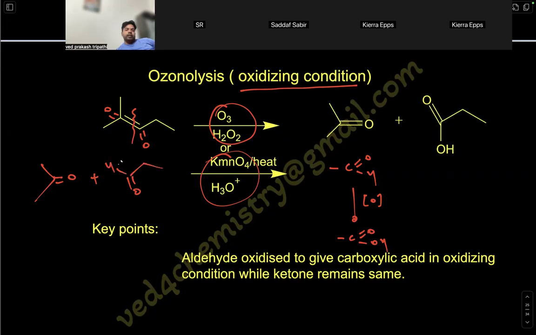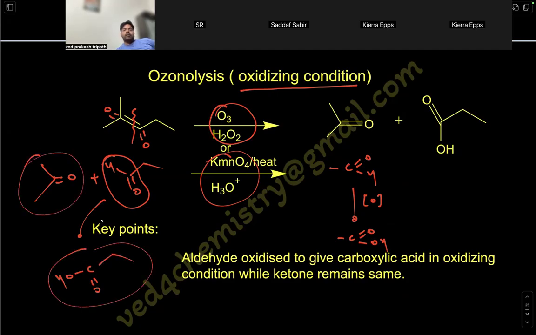And you know that this is an aldehyde, so the aldehyde is further oxidized to give acid. So add another O. So this one and this one would be the final answer. Make sense? You can see the aldehyde oxidized to give carboxylic acid.